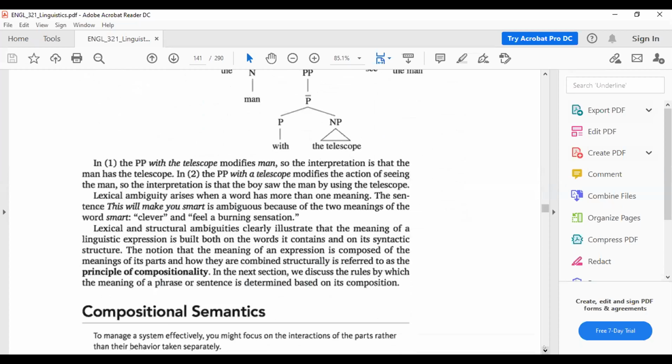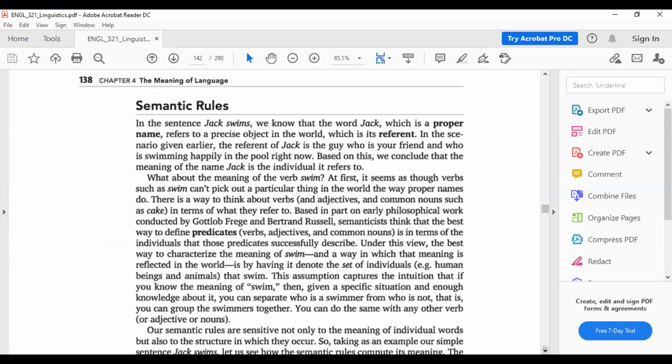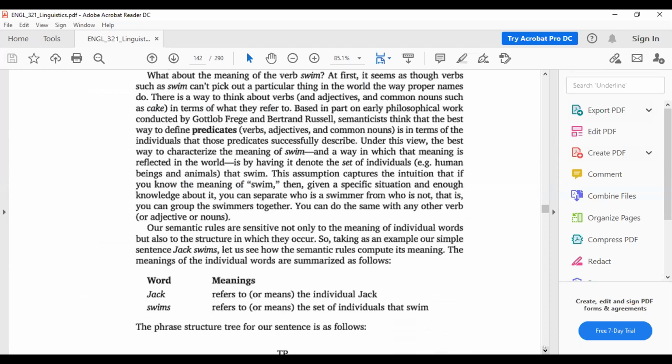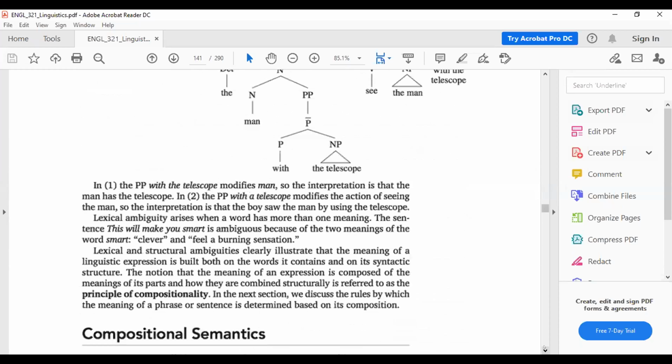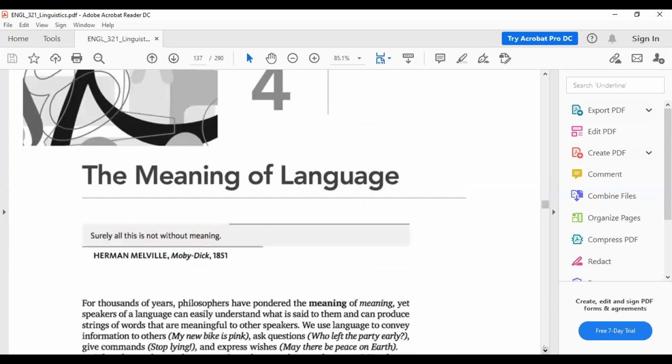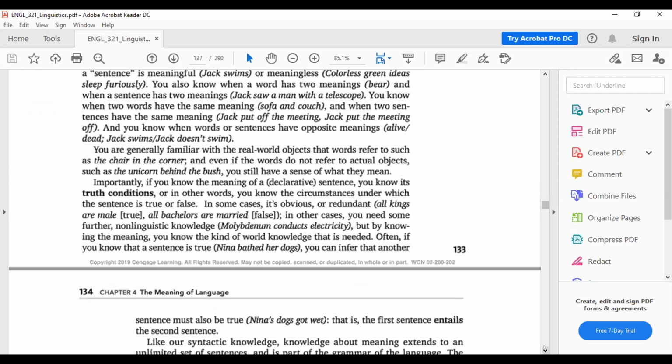Compositional semantics. I'm going to skip semantic rules. So please, page 138, just to make this very clear. So semantics, from page 133, please.